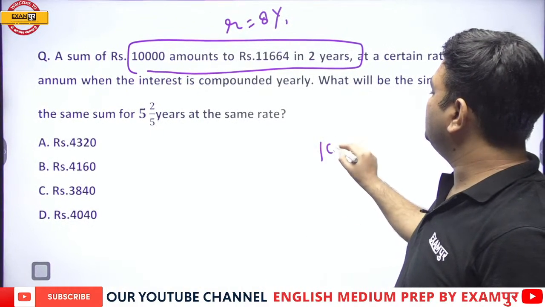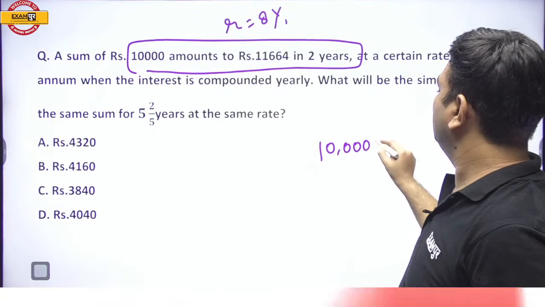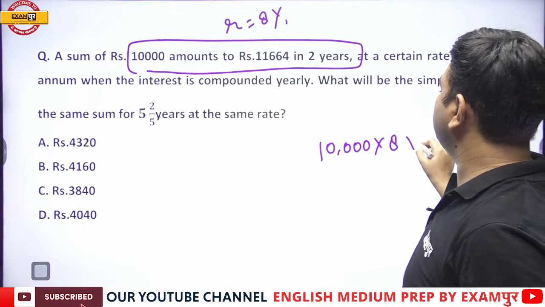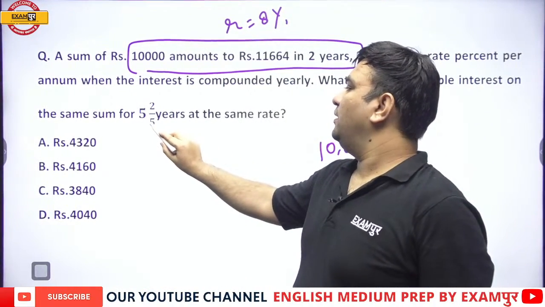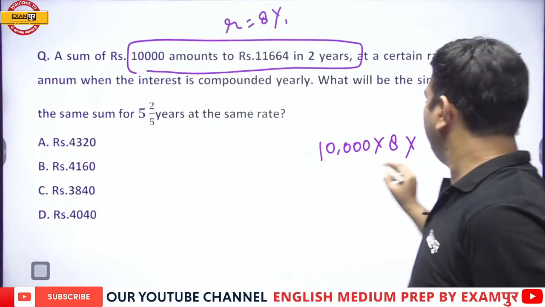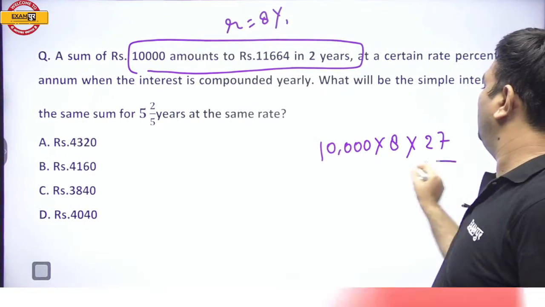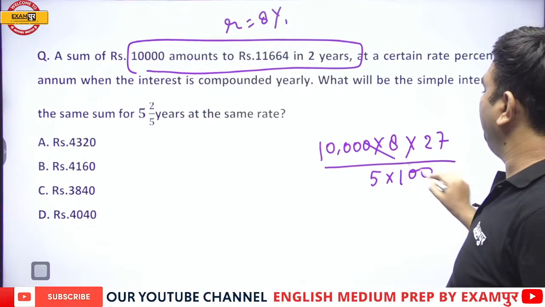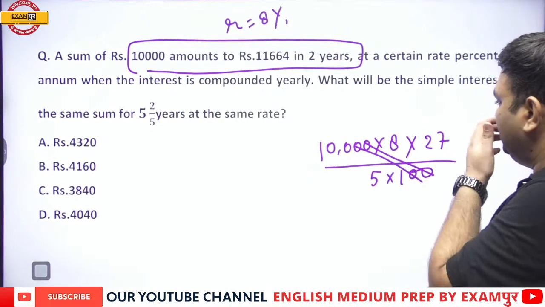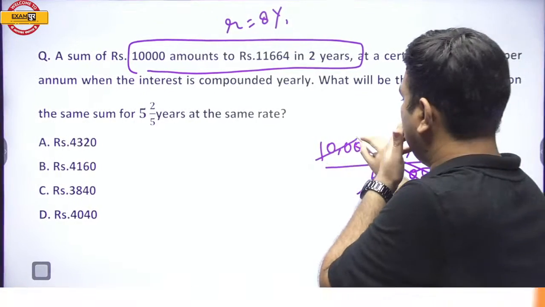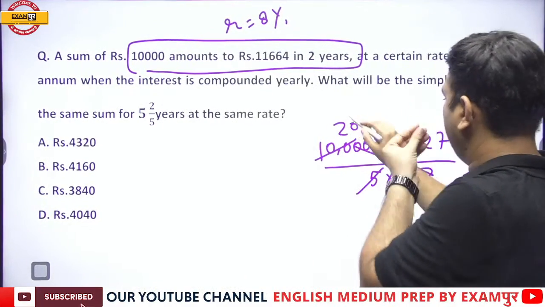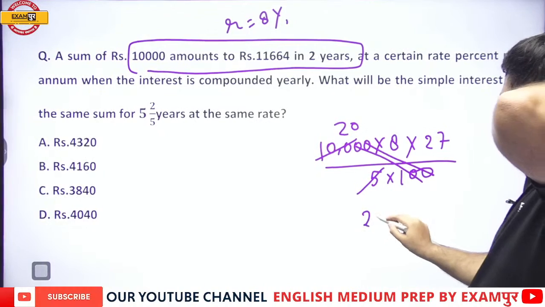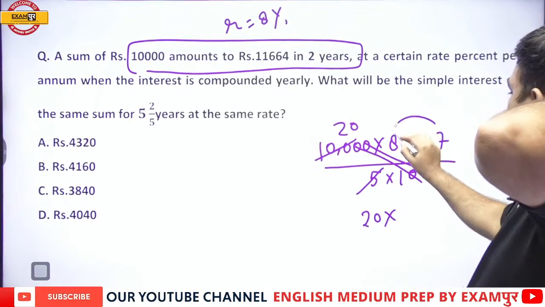Same sum, 10,000, rate of 8%. Time of 25 plus 2, 27 by 5 upon 100. Simple interest, na? Yeah, simple interest. Do this multiplication.